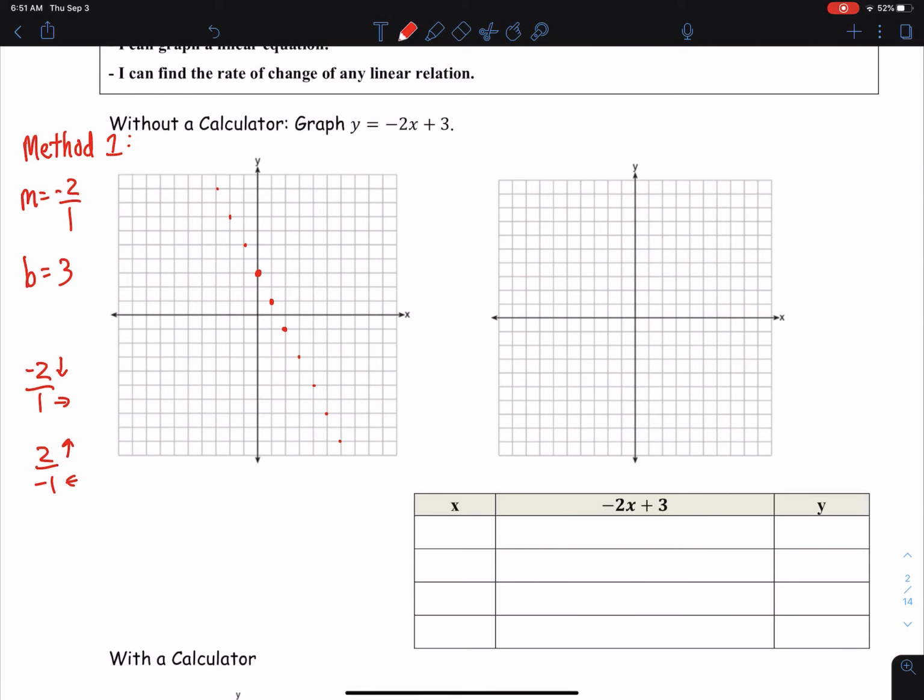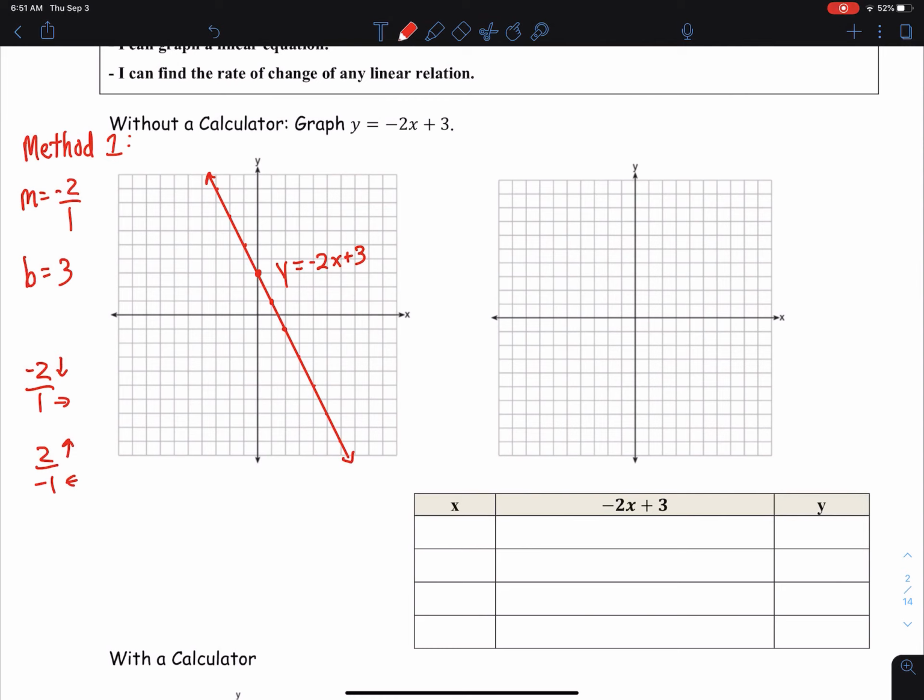Just because you want to make sure your line goes through every single point and doesn't drift off. So I draw my line. Put arrows on the end, make sure the line's going all the way through the graph, and you label it, and voila, you're done.